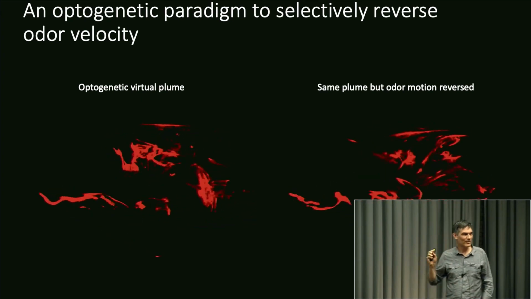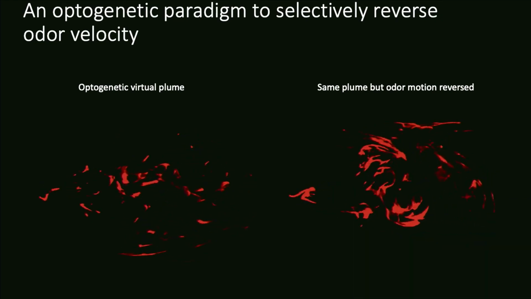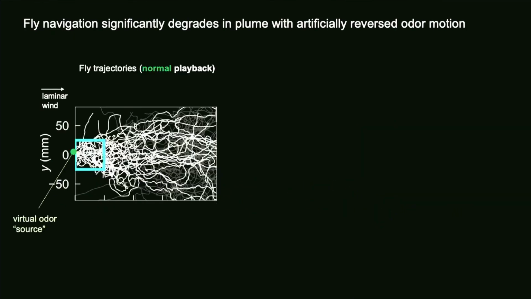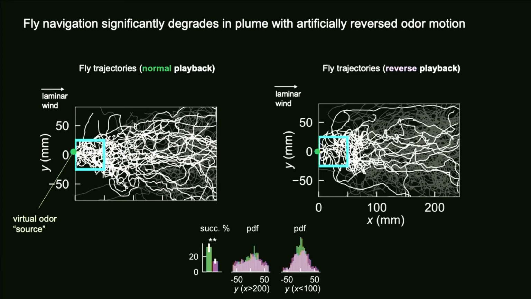Everything else is kept the same, but the correlations have a negative sign. And so how do they do? You see that there's a significant difference again in performance between this case and this case. So they seem to be really using these correlations, and if you mess around with it, you degrade the performance of the flies at navigating to the source.